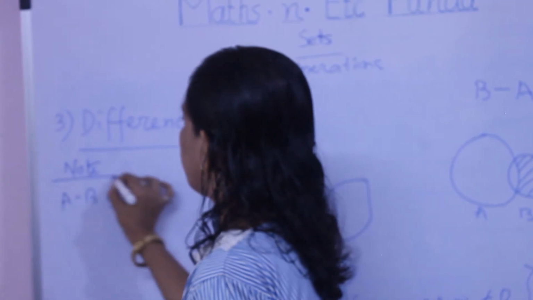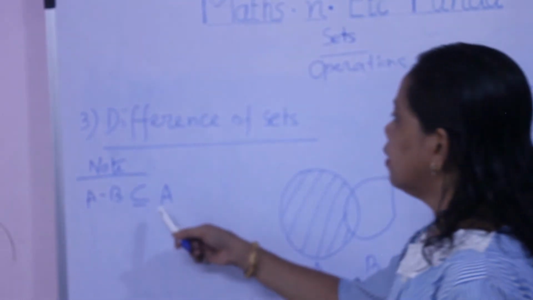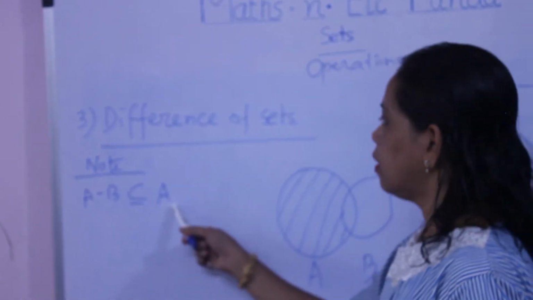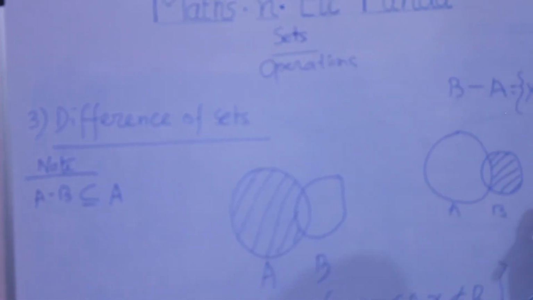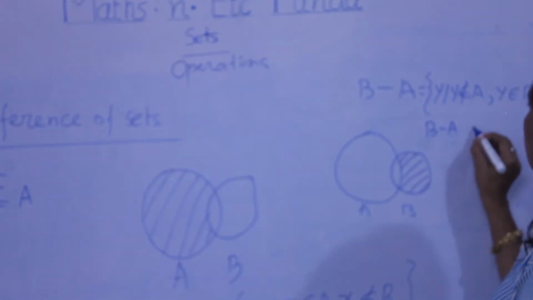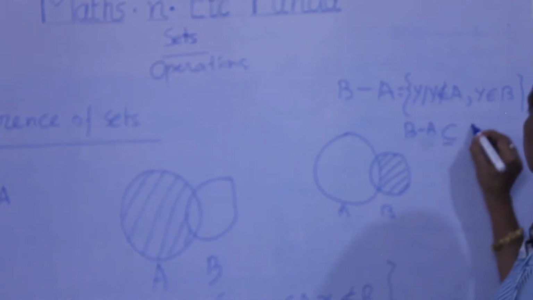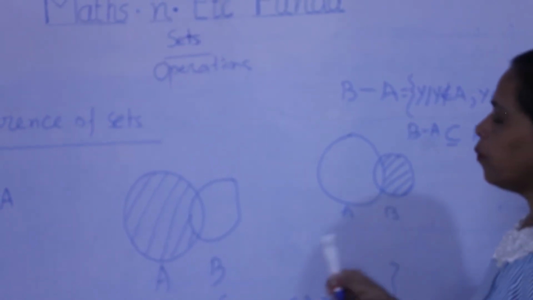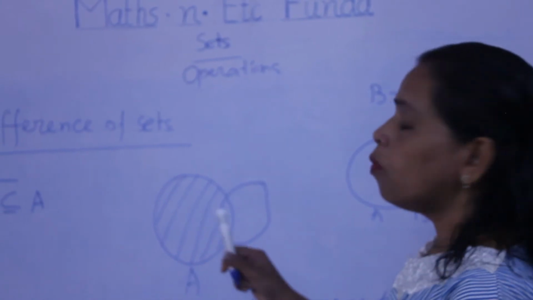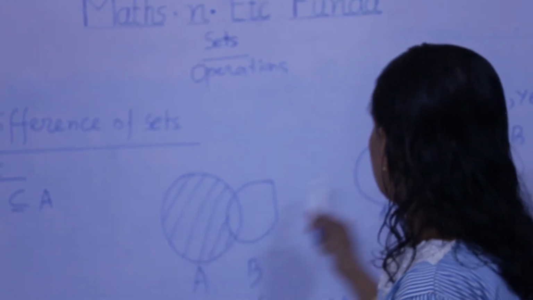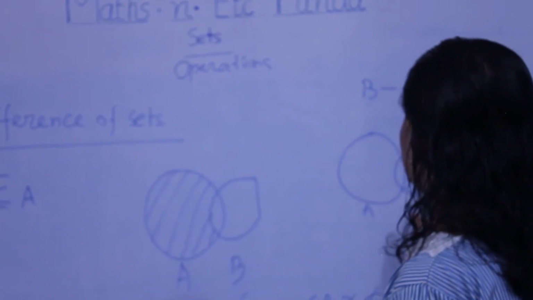We have to keep in mind that A minus B is a subset of set A, and B minus A is also a subset of B, right? Now, one more thing we can observe. This is the A minus B set. This is the B minus A set.